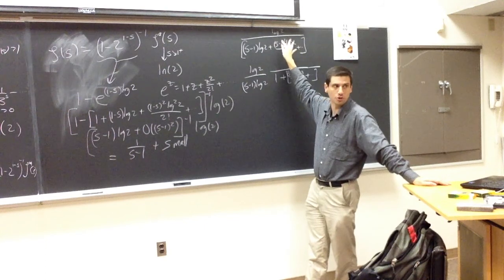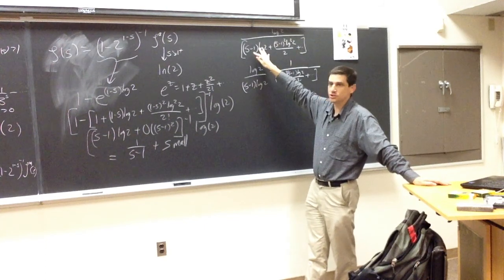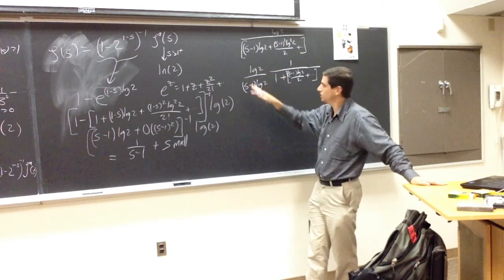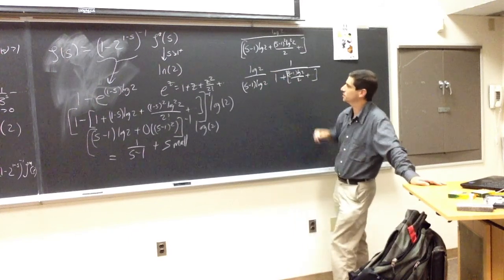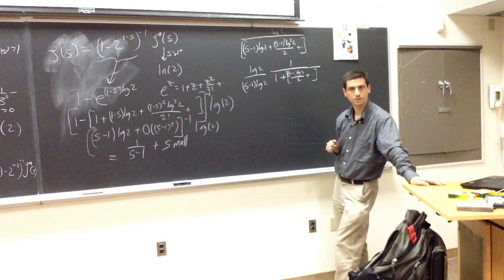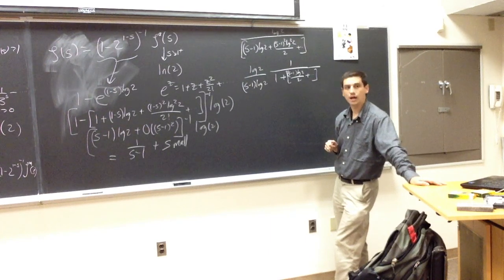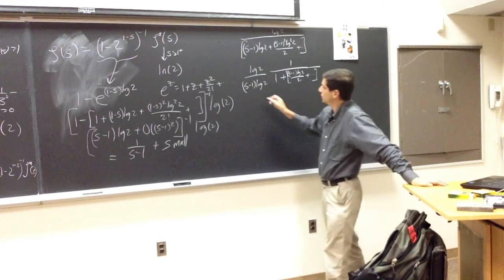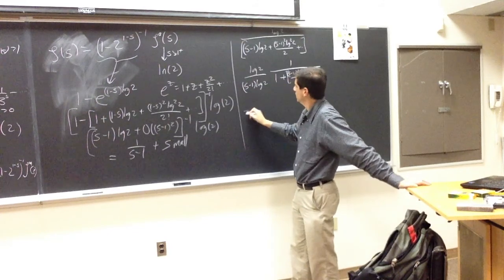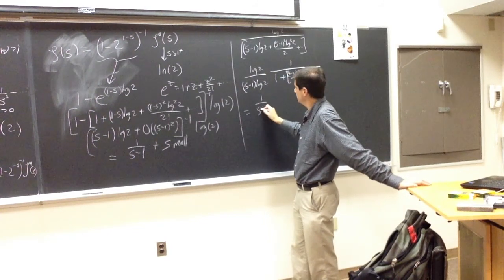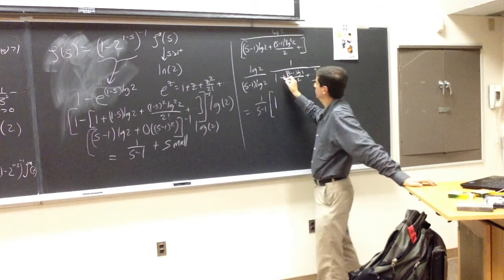This is extremely small. This is most of the contribution. So let's pull that out, and I can write the denominator as 1 plus something small. I'd use the geometric series formula. When I expand this using the geometric series formula, the log 2's cancel, and I get 1 over s minus 1, and I get 1.